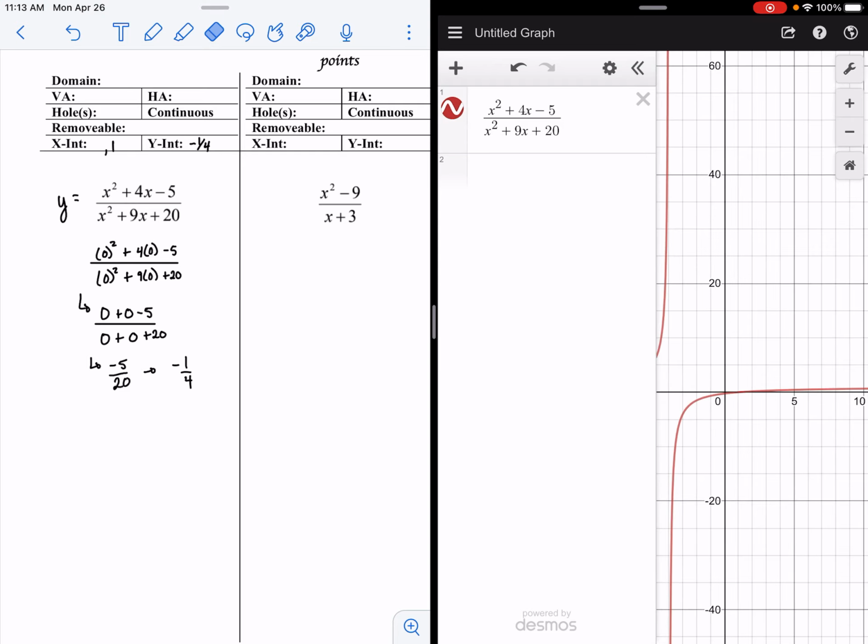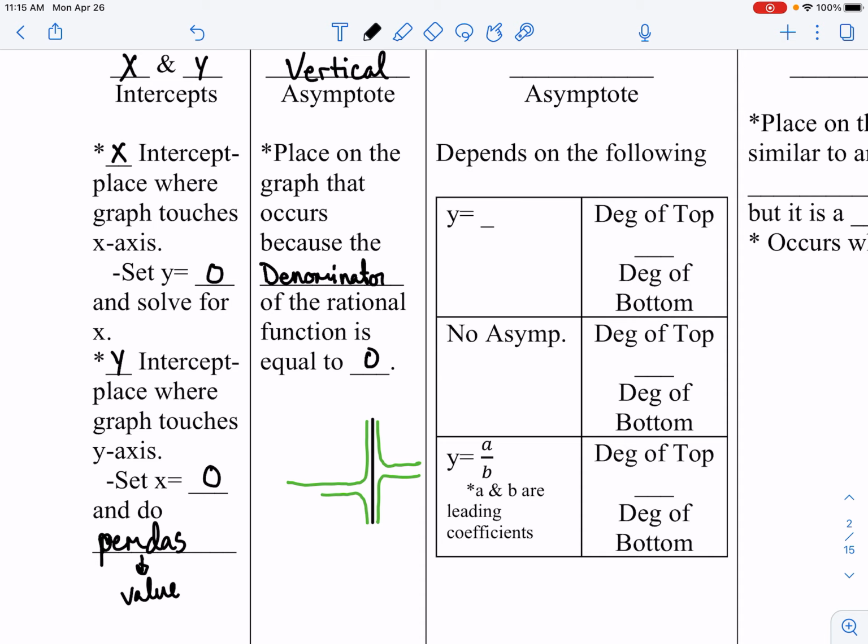What makes this happen is your denominator of the rational function is equal to 0. Remember, if you divide by 0, we get an undefined, okay?